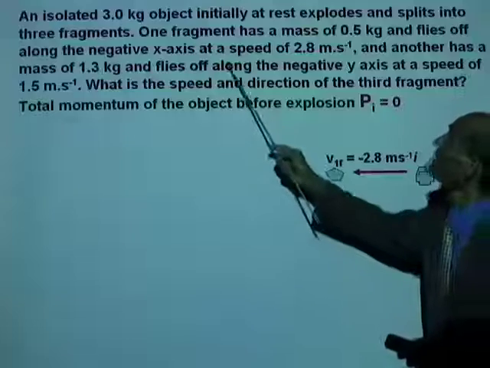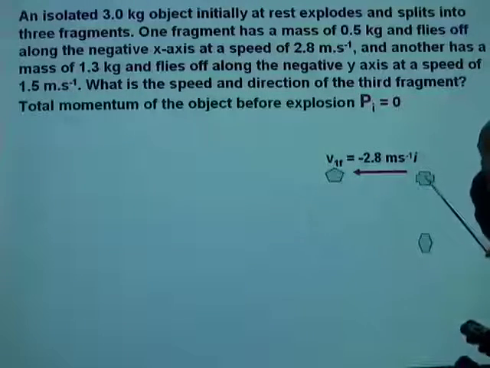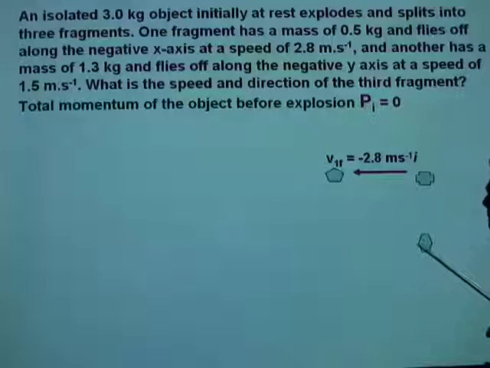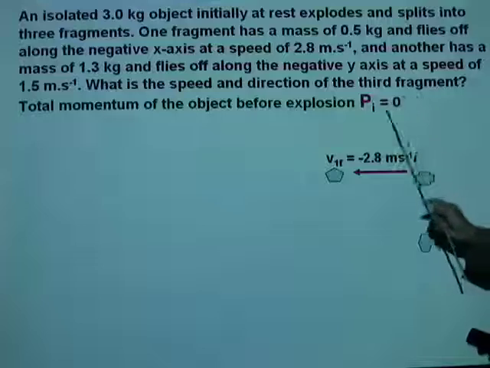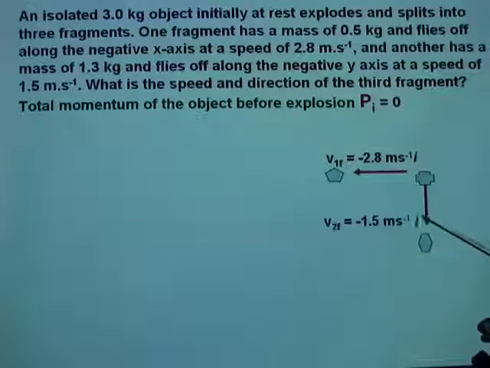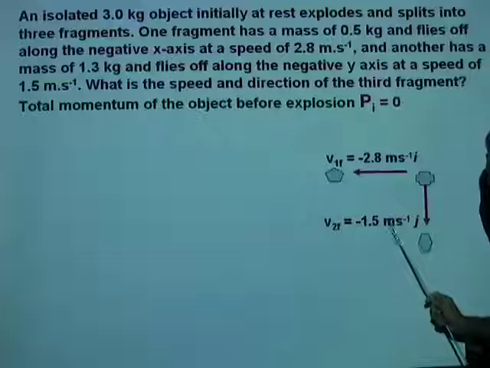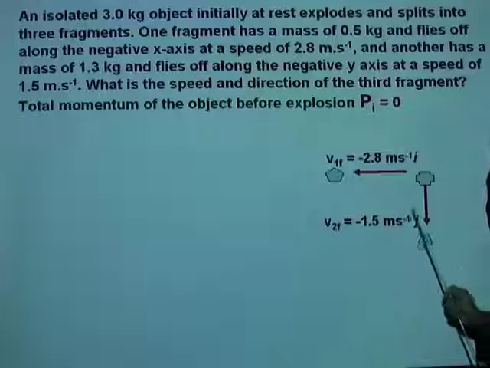And we know its mass, 0.5 kilogram. The second piece goes in the negative y direction with a speed of 1.5 meters per second, so the velocity of the second piece is negative 1.5 meters per second j.